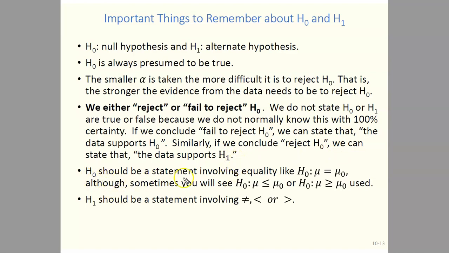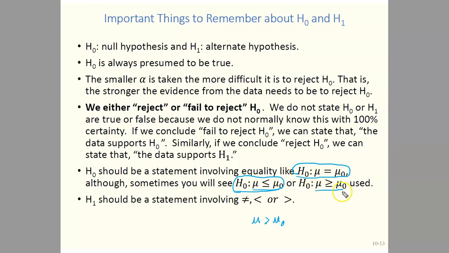Also note that H0 should be a statement involving equality like this. This is normally what we use for the null hypothesis. However, sometimes you might see people write the null hypothesis like this or this. This one here, where mu is less than or equal to mu naught, corresponds to a right-tailed test. So you would see your alternate hypothesis written as mu is greater than mu naught.